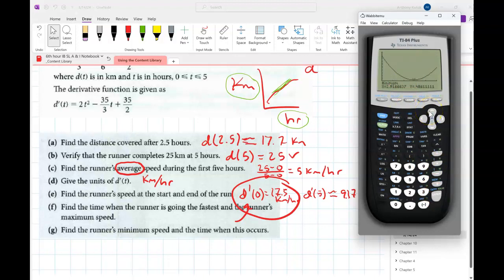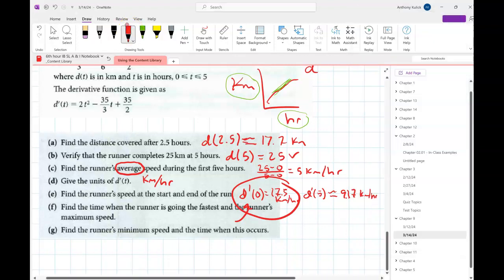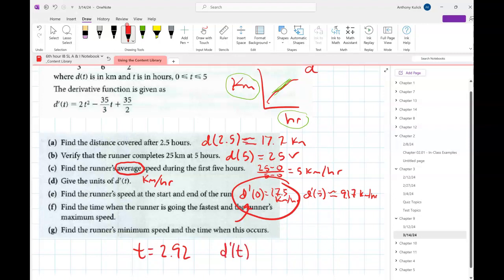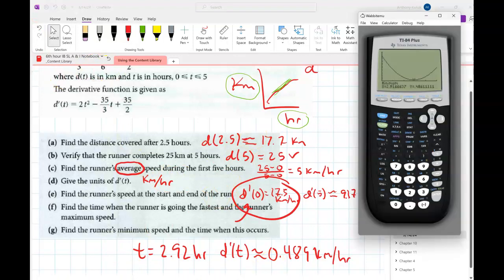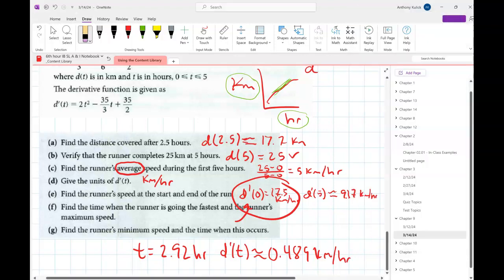There we go, 0.486 or 0.49. Oops, that was supposed to be a 6 there. How's that feel? It's okay?